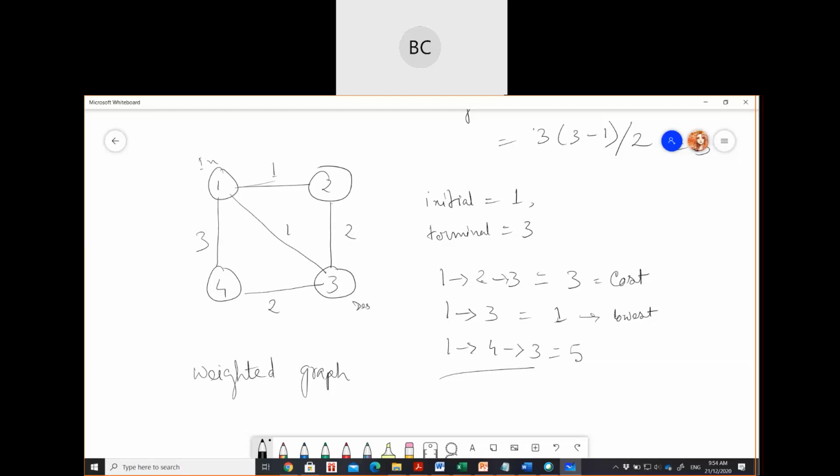Just give me that answer. In a Google Map, how do they show us the shortest path from our source to the destination?